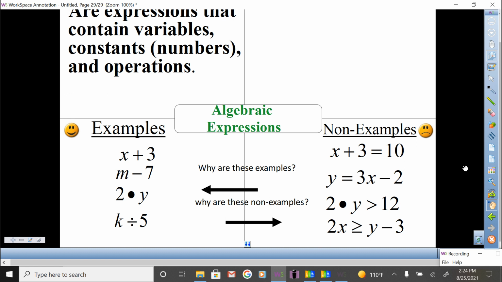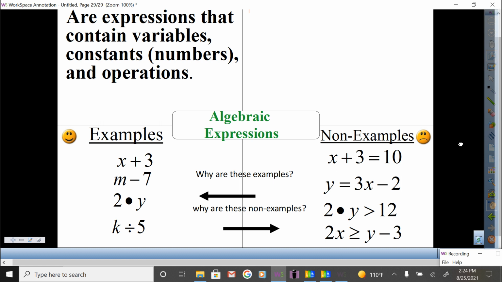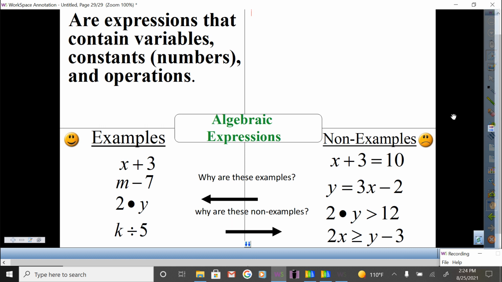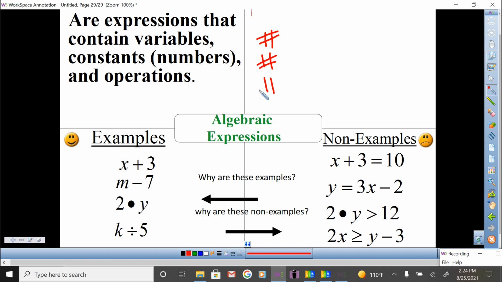All right, so as you're copying that, if I was to ask you to take a picture of this and send it to your BFF or post it on your social media, whatever it is you use, WhatsApp or Insta, what would you hashtag this picture? What makes algebraic expressions algebraic expressions? Hashtag what? Yeah. Hashtag simplify.